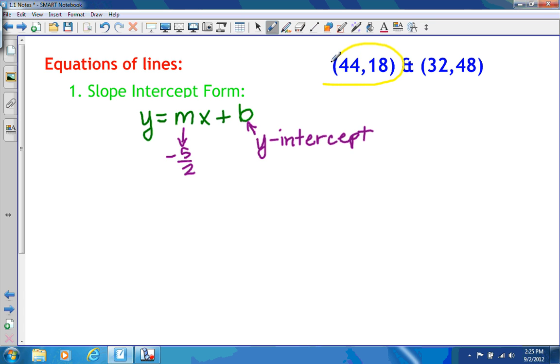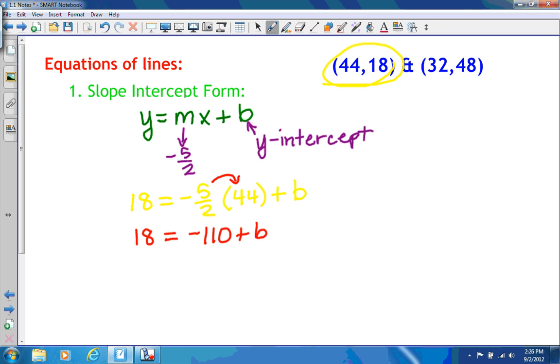And for this one, we will use this one, (44, 18). 18 is our y value, 44 is our x value, so we substitute those in for x and y and come up with the equation of 18 equals a negative 5/2 times 44 plus b. Okay, multiplying them would get you a negative 110 plus b equals 18.